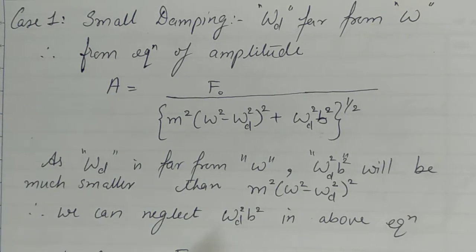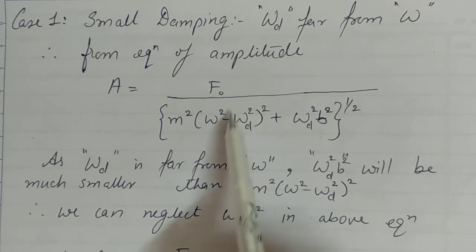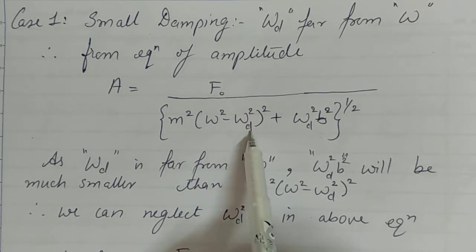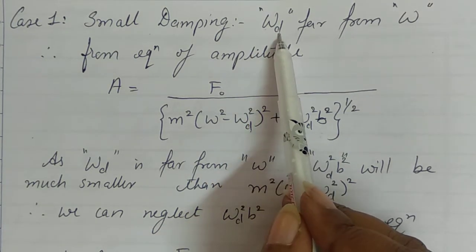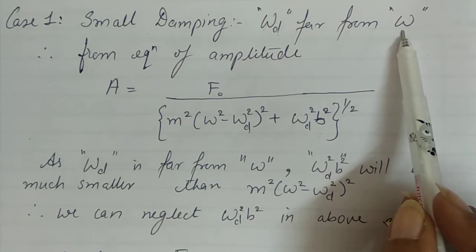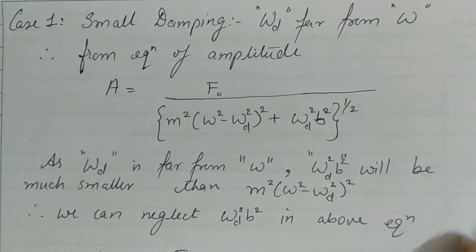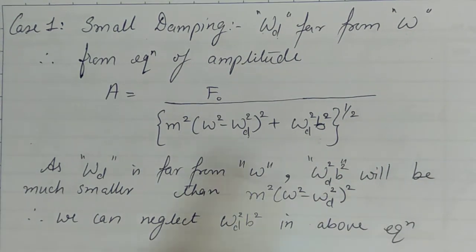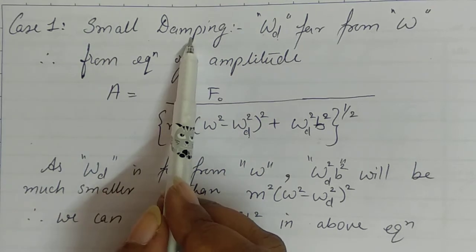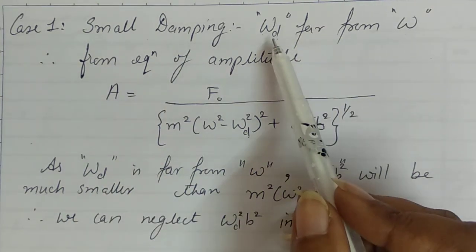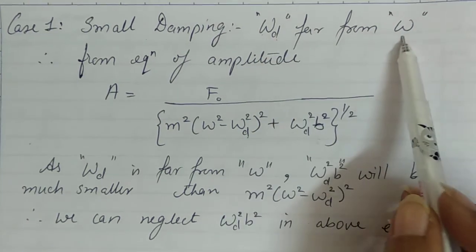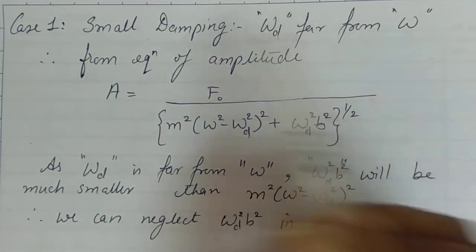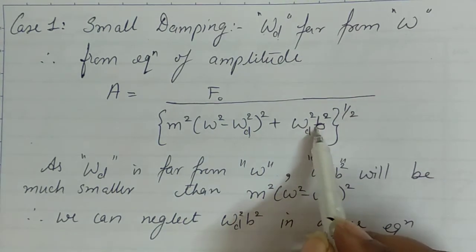Now, as amplitude depends on the external periodic force frequency, we'll have certain relations between the driving frequency of the external force and the natural frequency of the oscillations. So we'll consider two cases. First case is for small damping, where we'll consider that the frequency of the external periodic force is very far from the natural frequency, and the damping is small, means this b, damping coefficient, will be very small.